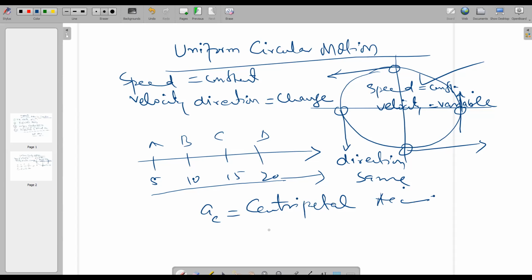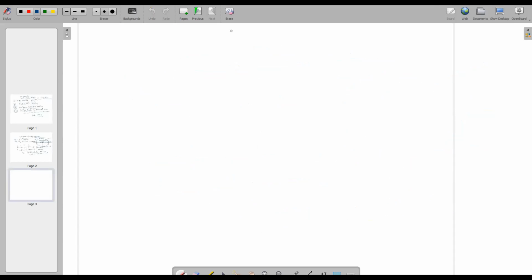Centripetal acceleration. This is our target today to study. So what we will do? First, see here the acceleration. Normally we are discussing 4 kinds of acceleration. One is centripetal acceleration.